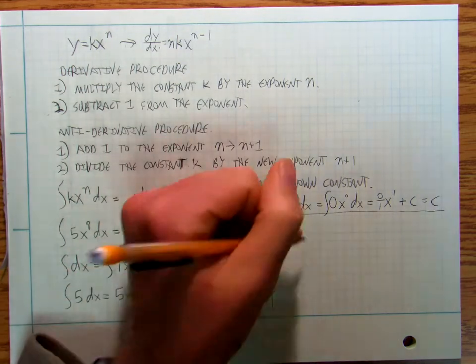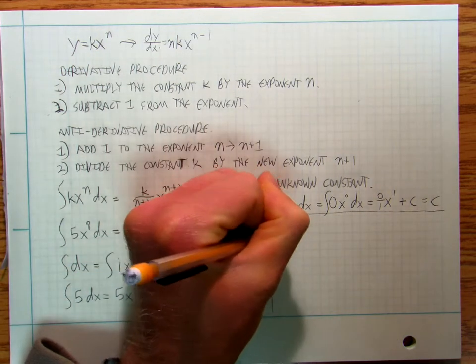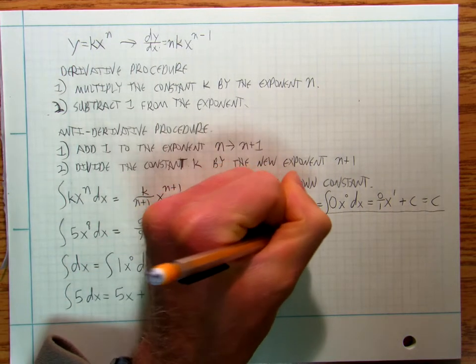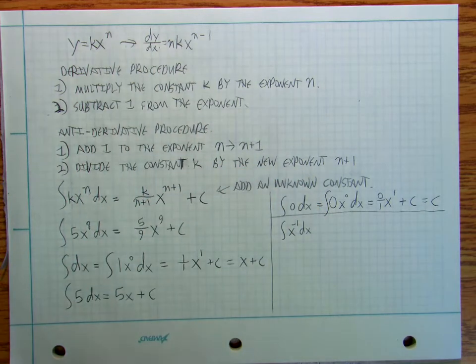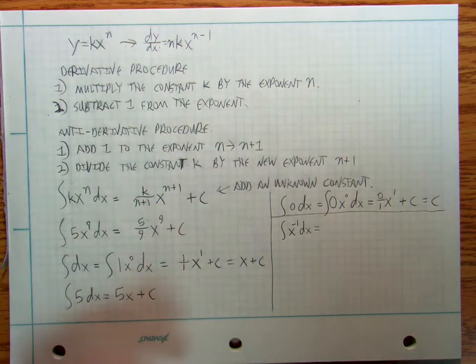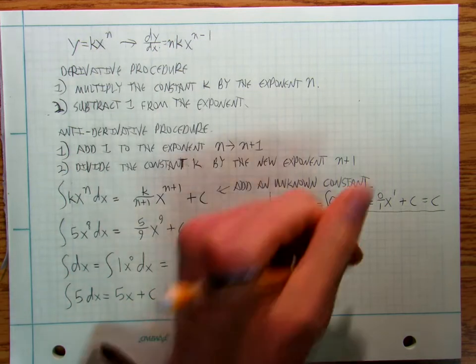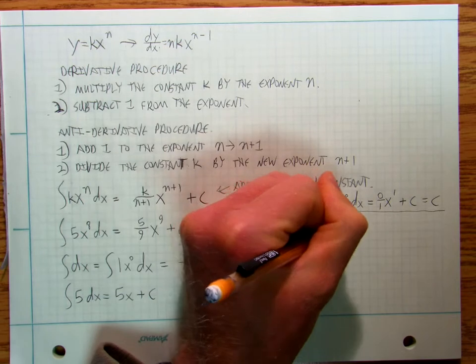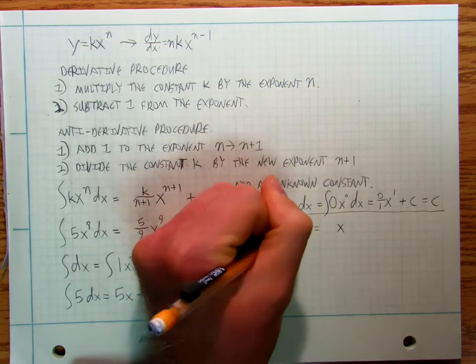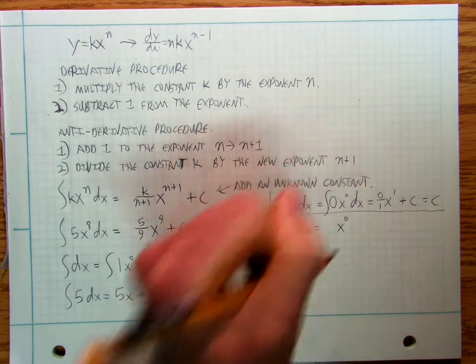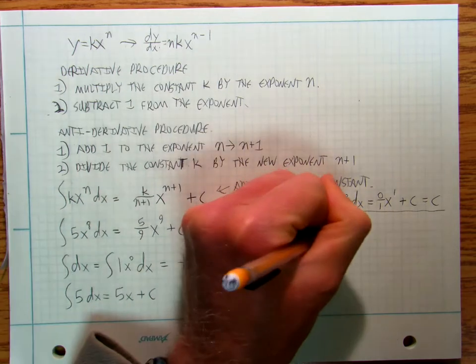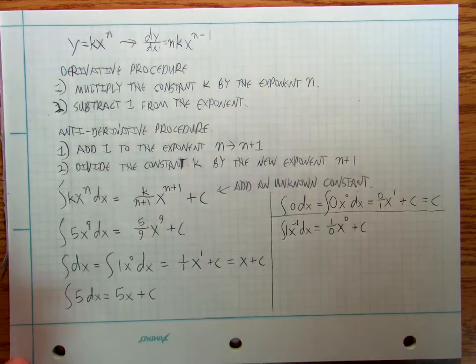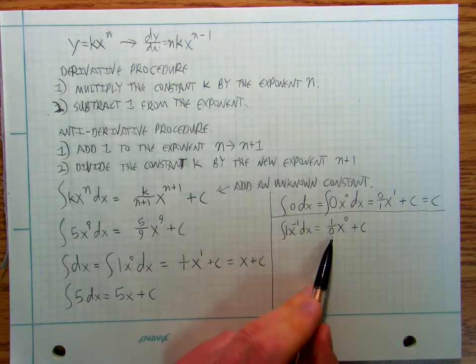Now, I'm going to throw a real big curveball. What is the integral of x to the negative 1 dx? Well, that's pretty simple. There's a 1 out front, and I do x to the negative 1 plus 1, which is 0. And I get 1 divided by 0, plus c. Oops, that's wrong.